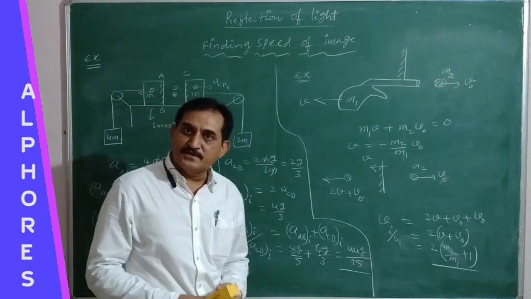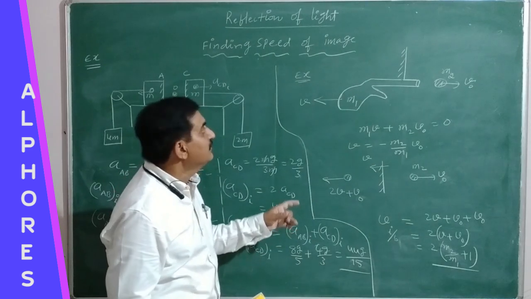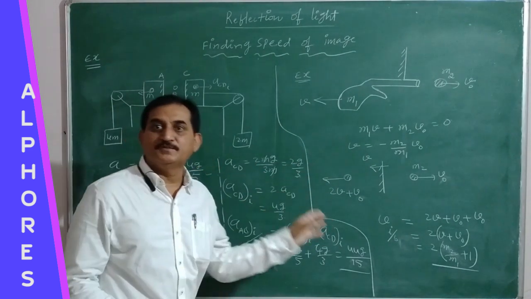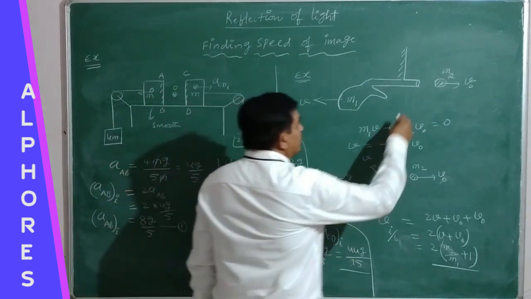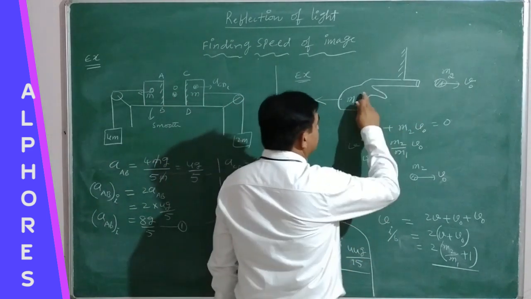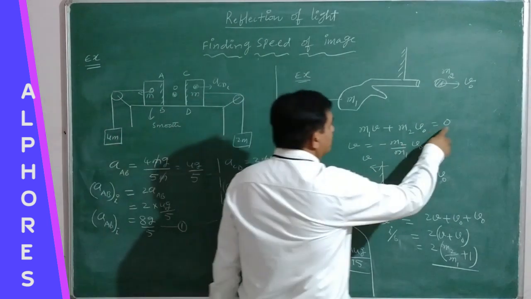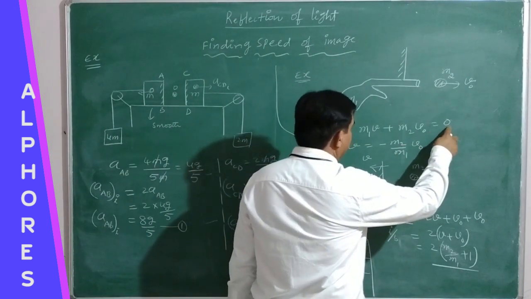Okay, let us first find the speed of the image of the bullet formed in the plane mirror. Now first of all, it is based on the law of conservation of linear momentum. Okay, so the initial momentum is 0 before firing.